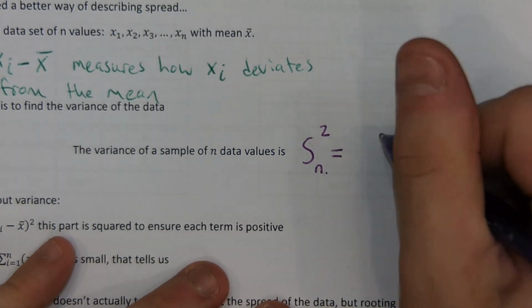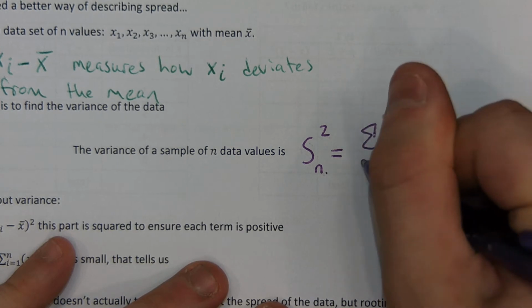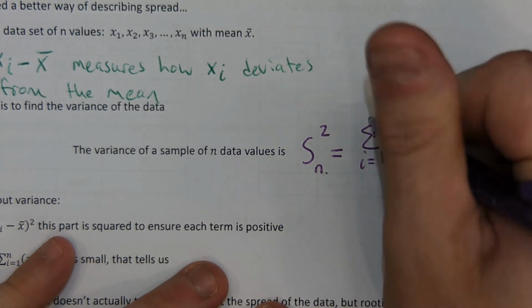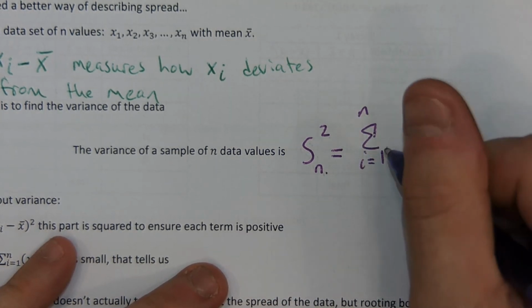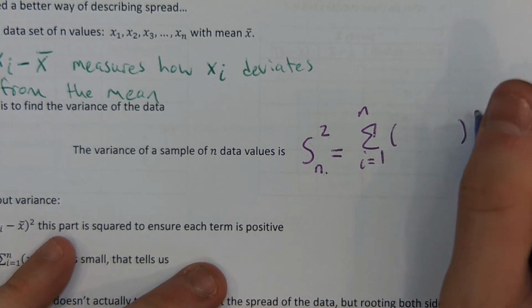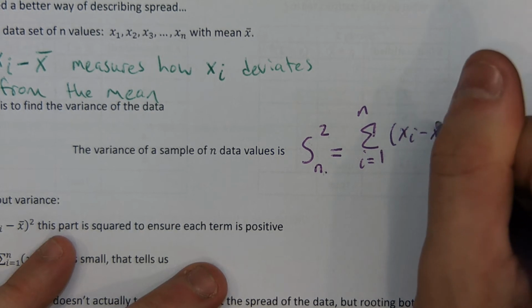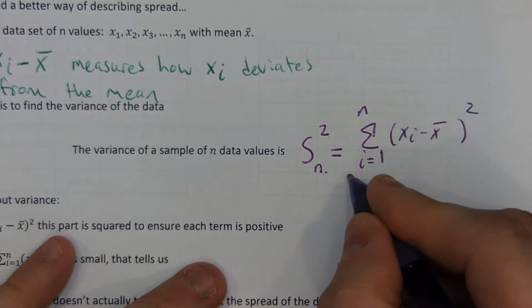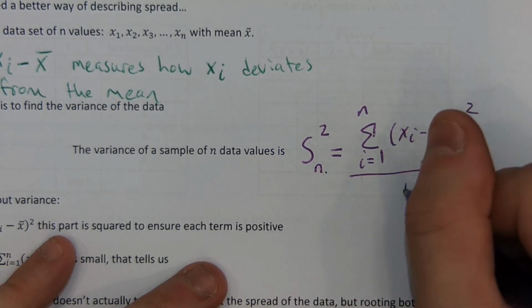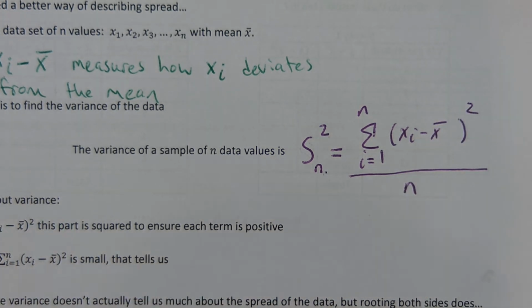It's found by adding up all of the squares of the xi minus x bars, and then dividing whatever that number is by n. So you might be wondering why squared. The reason it's squared is because that will guarantee that all of our numbers are positive.